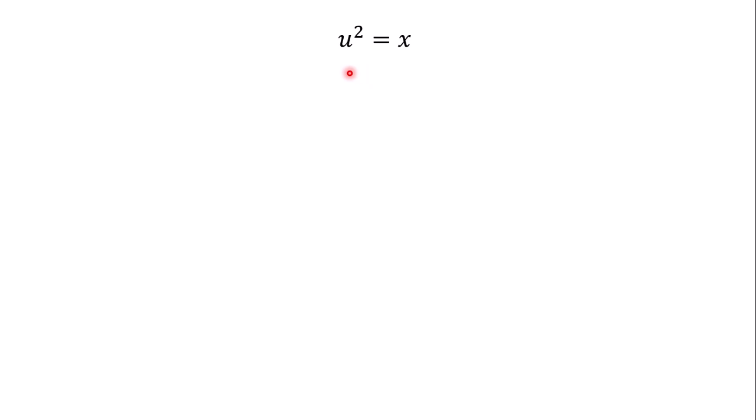We know how to differentiate things like this as compared to the other one. When you differentiate this one, you're going to get 2u, and when you differentiate this one, you're going to get dx. So dx will be equal to 2u du.